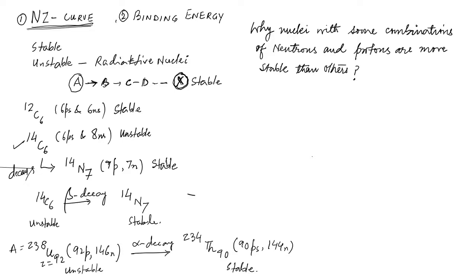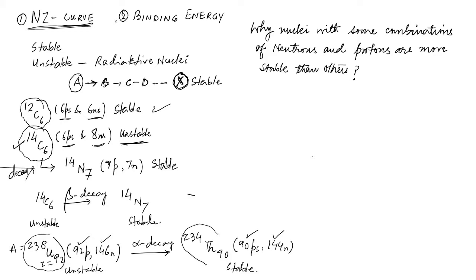The combination of 6 protons and 6 neutrons, which gives carbon-12, is stable, but the combination of 6 protons and 8 neutrons, carbon-14, is unstable. Why is it so? Similarly, 92 protons and 146 neutrons give a uranium isotope that is unstable, but 90 protons and 144 neutrons is more stable than the uranium atom.